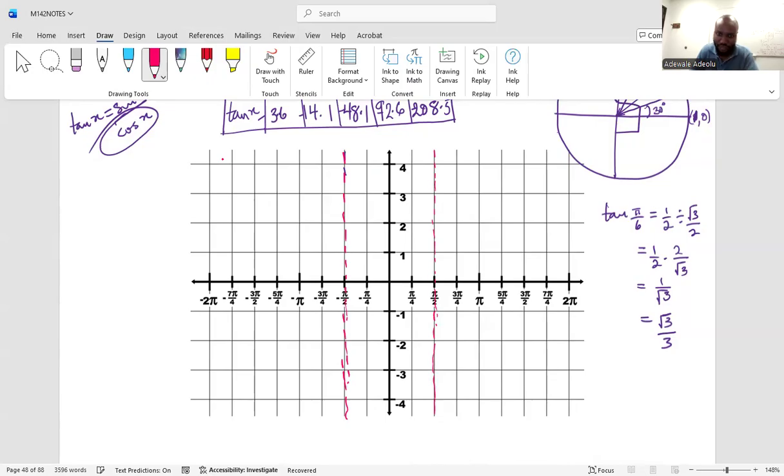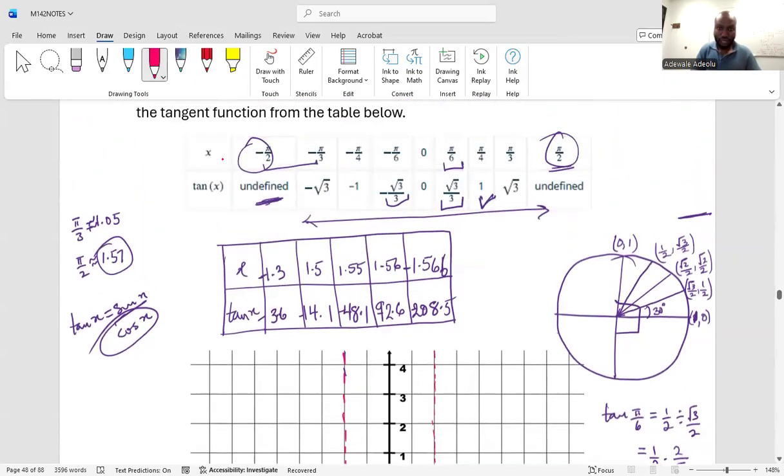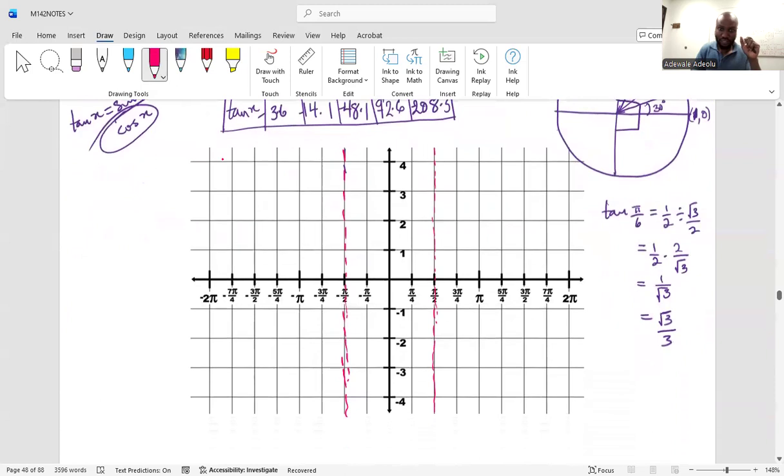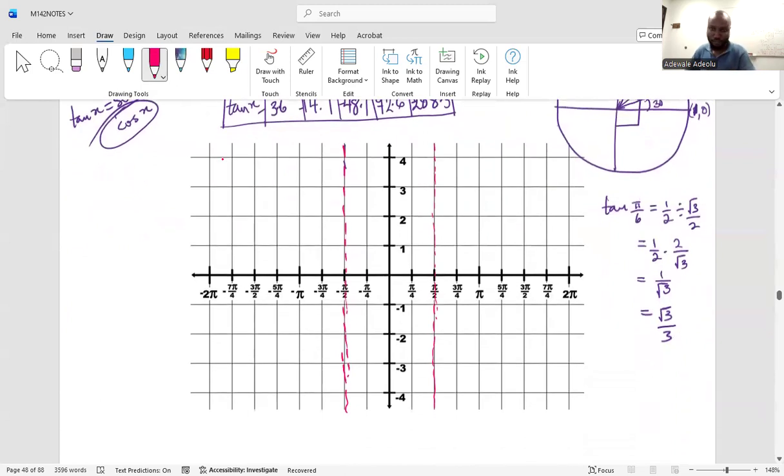It cannot cross that line. Okay, so let us plot our points. At negative pi over 3, it is negative root 3. There are a lot of decimals going on over there. But in the end, our graph turns out to behave this way.